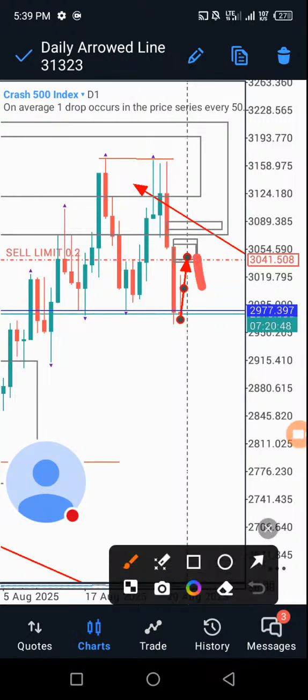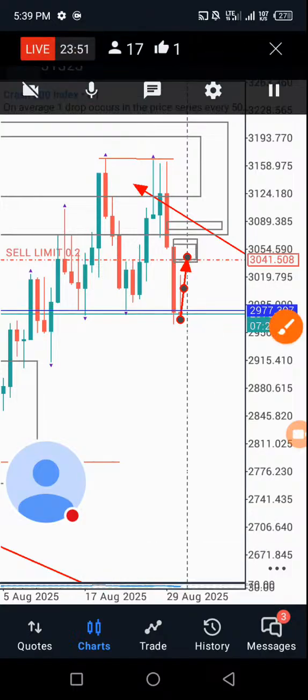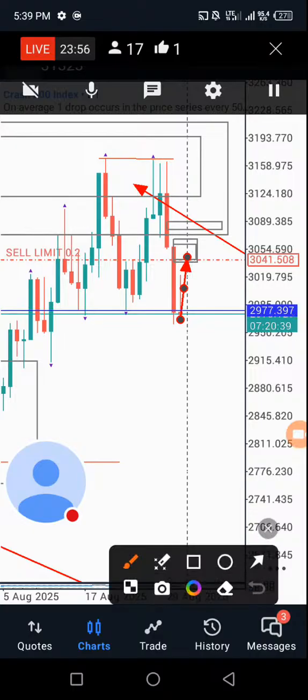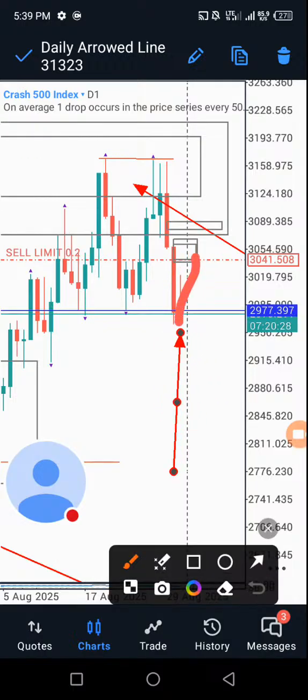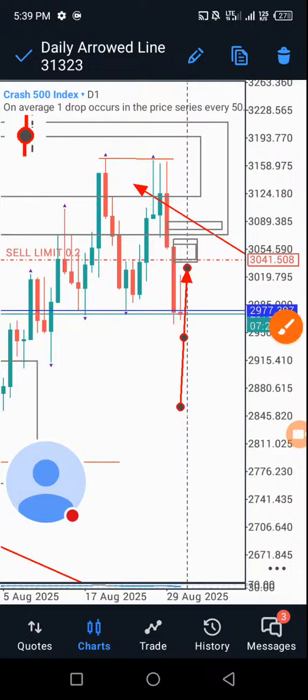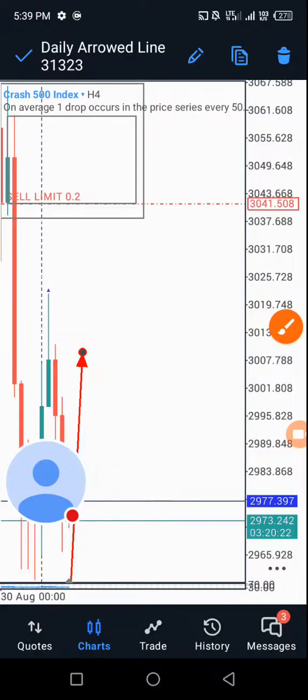before market keeps selling. Another thing we can consider is this: even if market does not give us a change of character here before it retraces back here, if market retraces back here, we are going to be taking a sell, right?